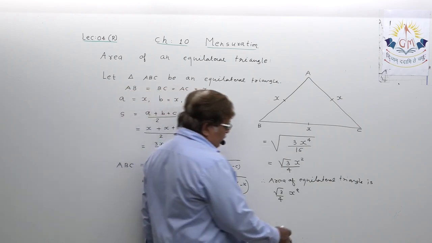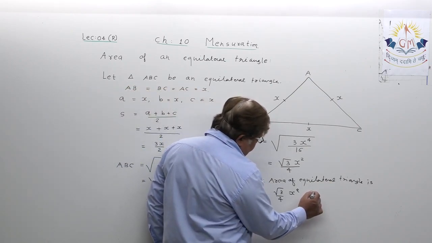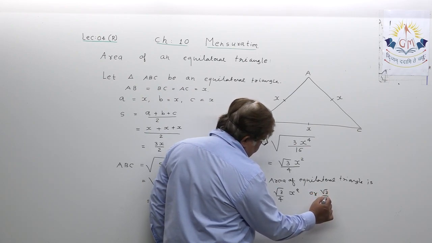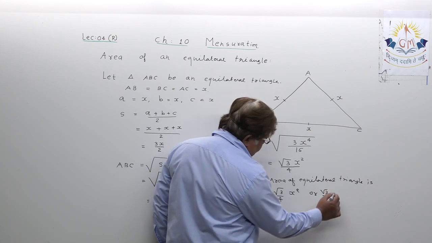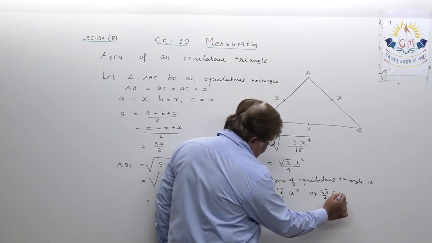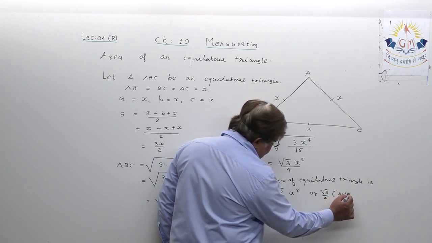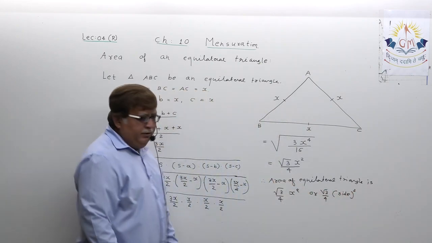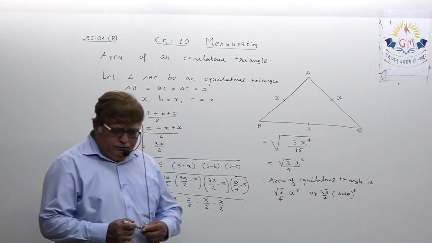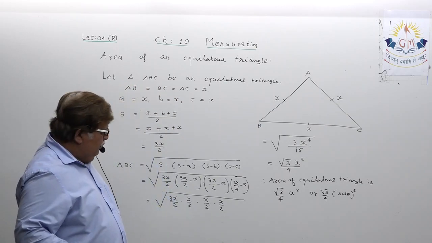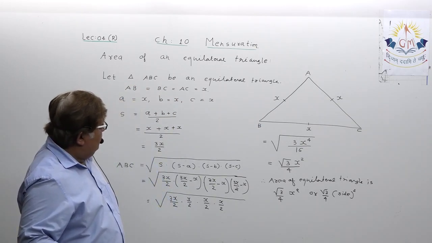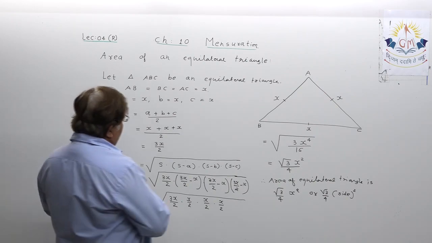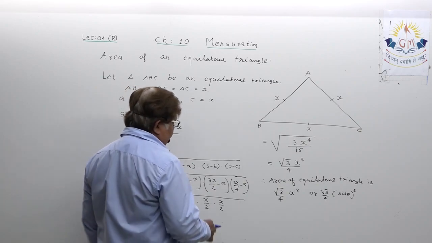Somewhere in your formative test, they have written this way also: area of equilateral triangle equal to under root 3 upon 4, and then side square. Side means we have taken x. Understood? So this is an important derivation of area of an equilateral triangle.